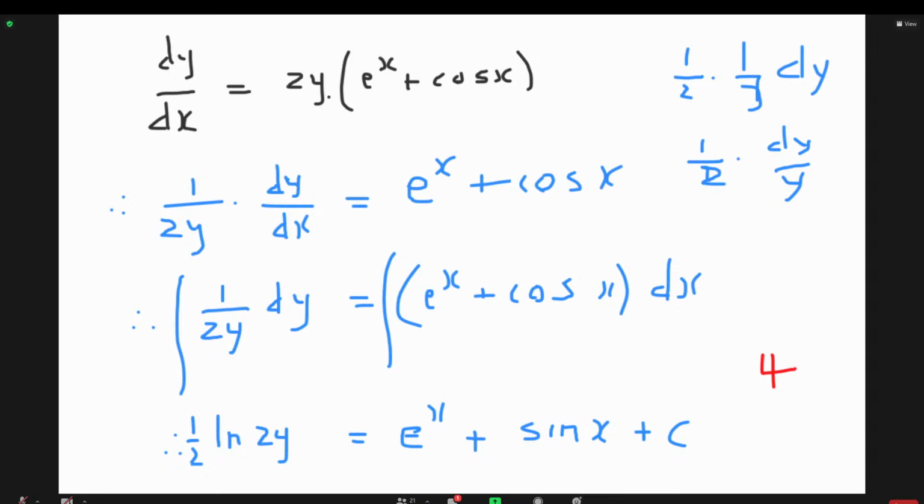All right, the next one says solve. Well, obviously, if the first one was to separate, and this is still not linear, it means we have to make the substitution.